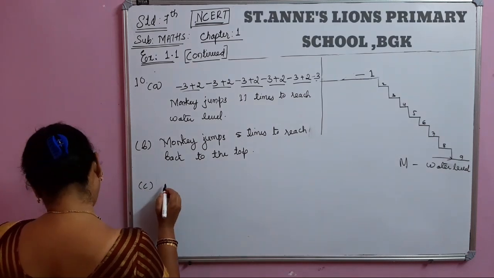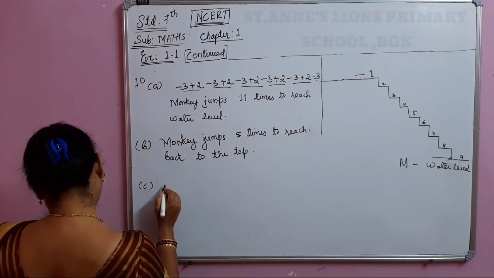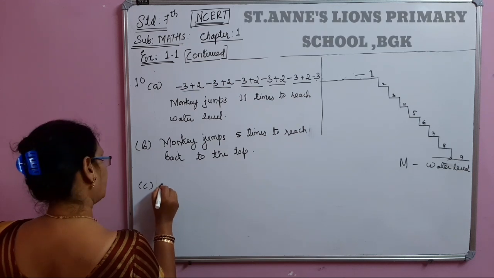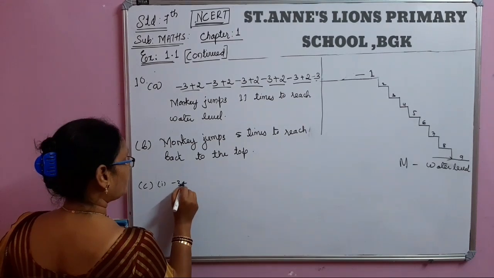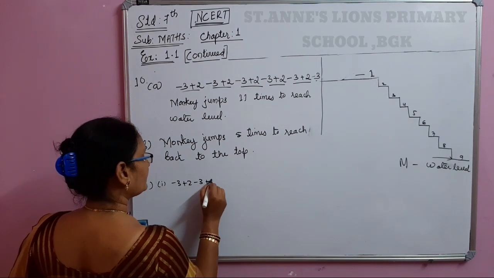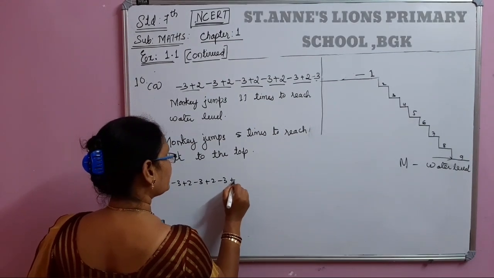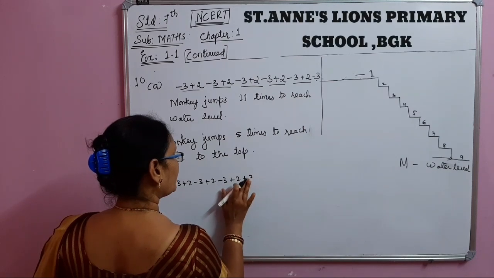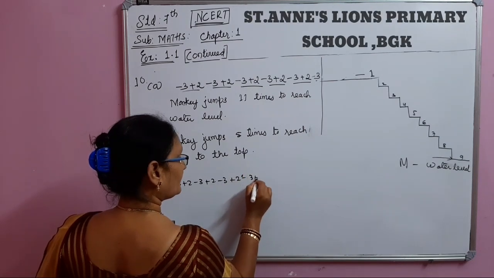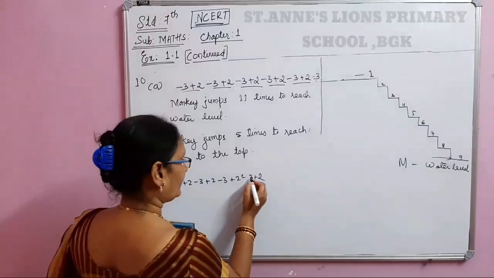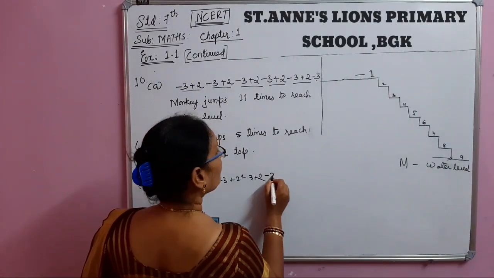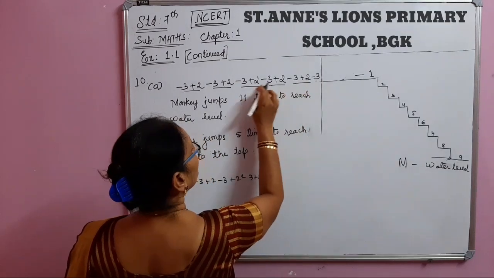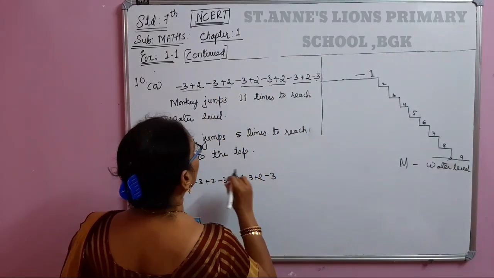In that, first how we have to show, that is, see, -3 plus 2, -3 plus 2, -3 plus 2, -3 plus 2. 1, 2, 3, 4, 5 times -3, 1, 2, 3, 4, 5, 6.